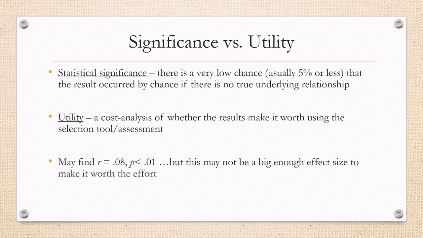So we might find a correlation of, say, 0.08, which is not a very strong correlation, but it may be significant with a p-value of less than 0.01. But this may not be big enough of an effect size to make it worth the effort and the cost of using the selection tool.